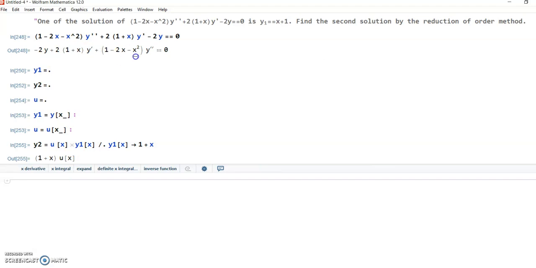We need to input the values of y double prime and y prime. So let's say the first derivative of y2 is y2 d1.